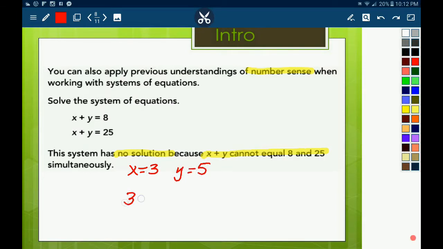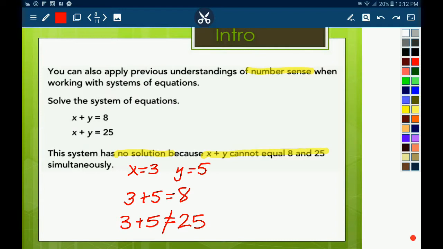Well, 3 + 5 is equal to 8. 3 + 5 cannot equal anything other than 8. There is no other number that you can add 3 and 5 together and get. So if I were to say 3 + 5 equals 25, that does not make sense. It's not true in both of the equations.